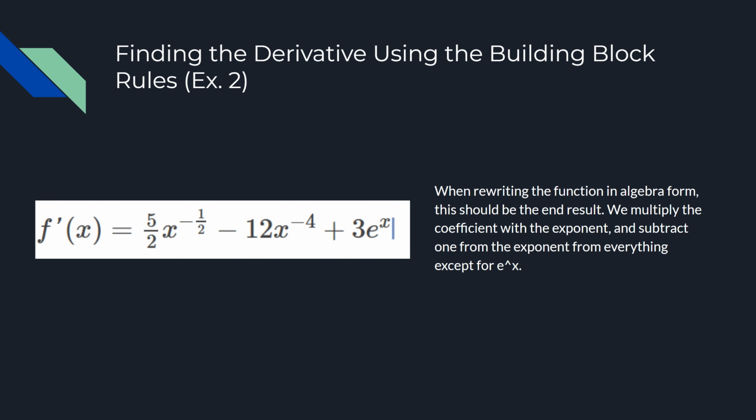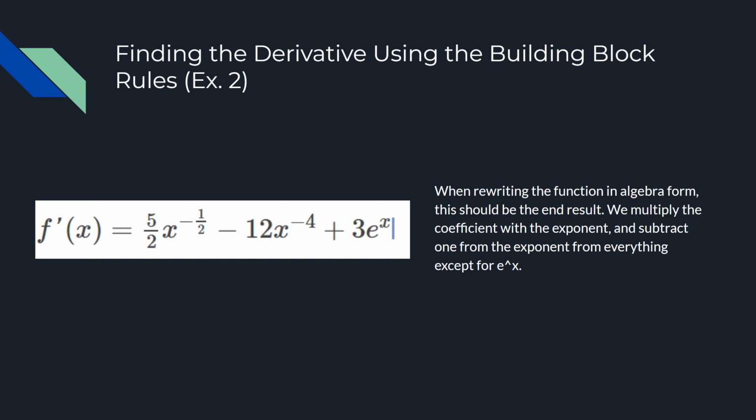And our final answer would look like 5f prime of x is 5/2x to the power of -1/2 minus 12x to the power of -4 plus 3e to the power of x. We have to multiply 1/2 with 5, which would be 5/2.